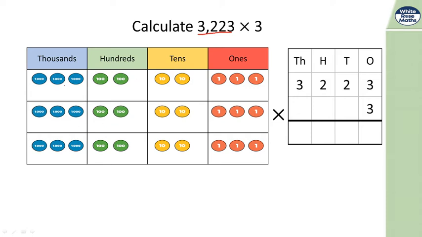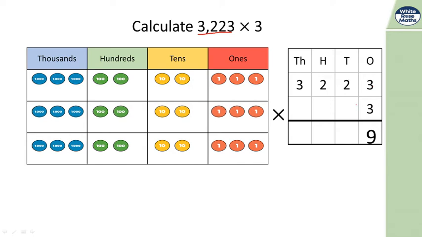So one method of doing it is setting it out like this, adding them together, seeing what the answer is. The other method is using the short multiplication method. So here in the ones column, 3 times 3 is 9. Same as over here, 3 times 3 is 9, same thing.